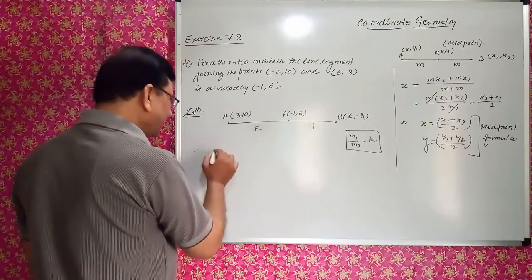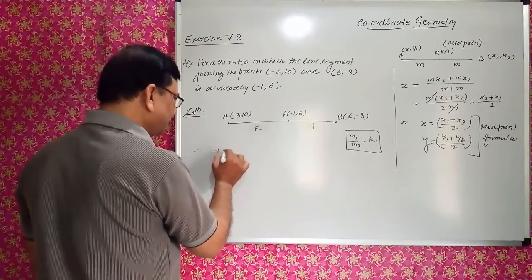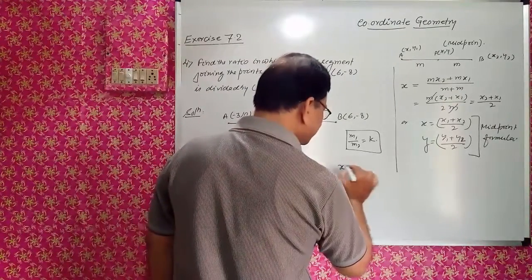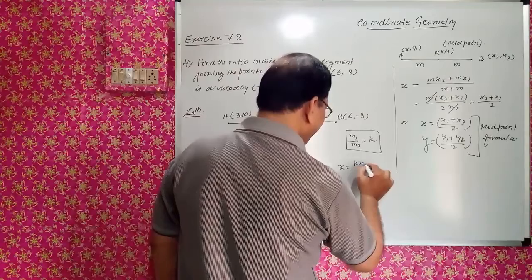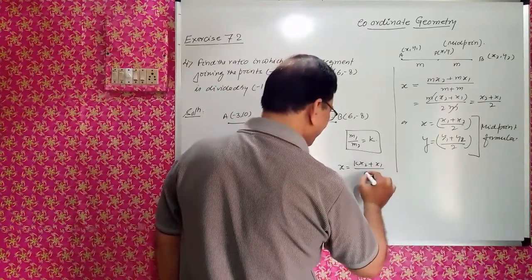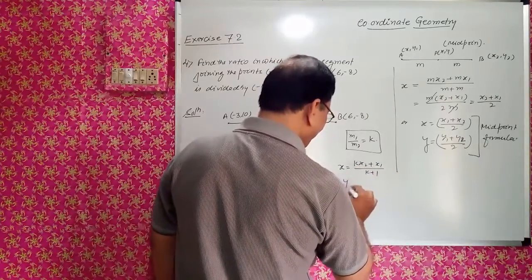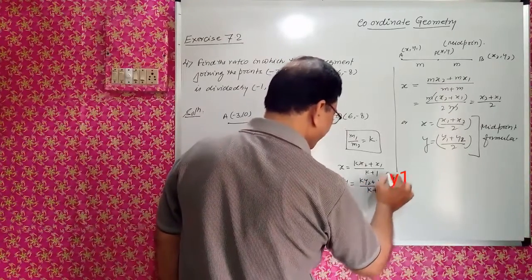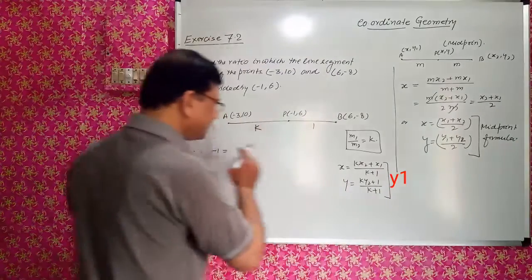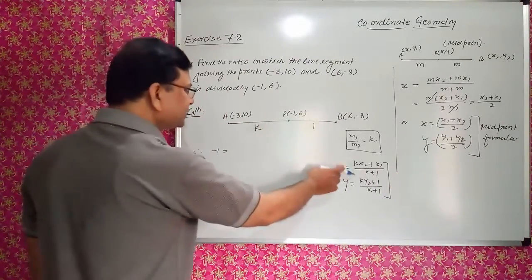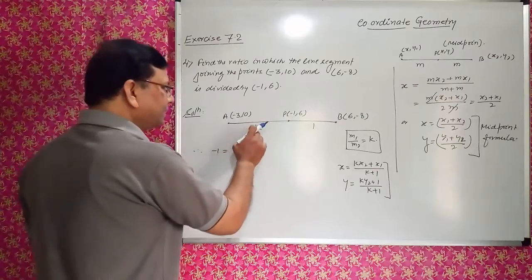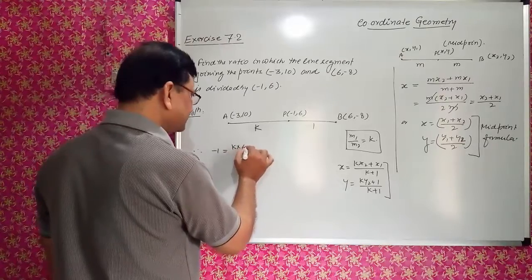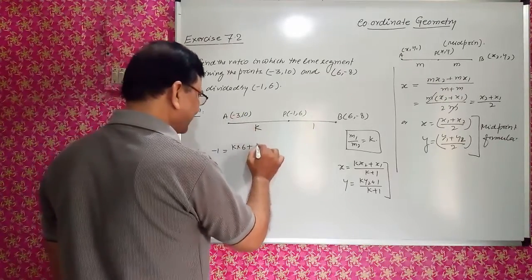Therefore, the x coordinate, that is minus 1, is equal to, because we know the formula, x is equal to (K x2 plus x1) upon (K plus 1), and for y, (K y2 plus y1) upon (K plus 1). I had written this formula, the same thing I will use. So the x coordinate is minus 1 and this is K. So K into 6, K into 6 plus 1 into minus 3.